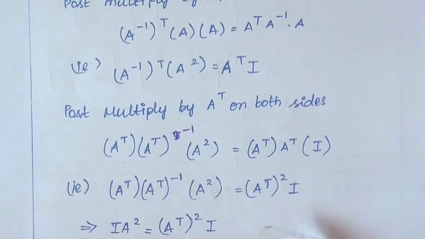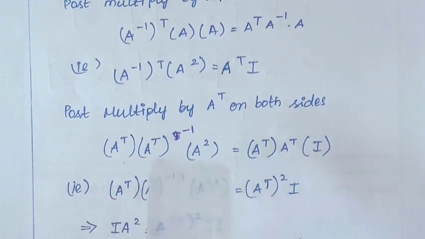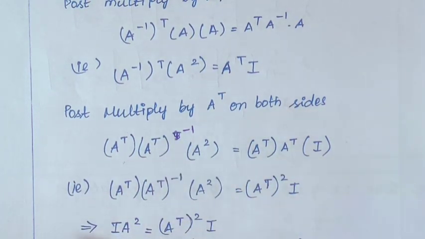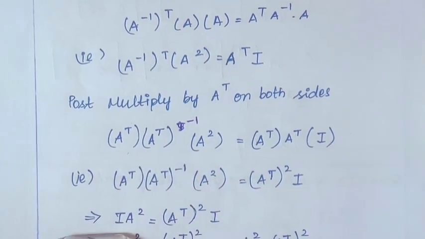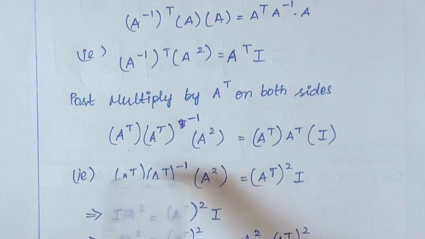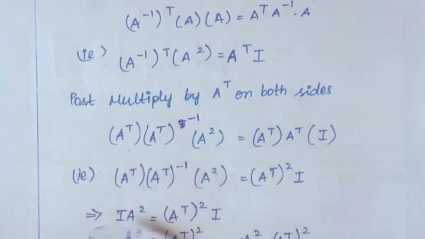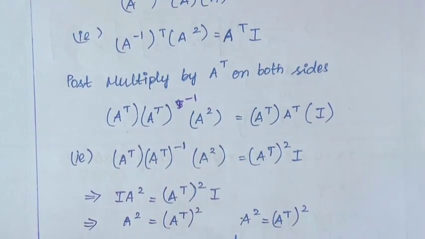So after that, A^T (A^T)^-1 is I. So I A^2 is equal to (A^T)^2 I. So I is common, we can cancel I on both sides. So what we get, A^2 is equal to (A^T)^2.